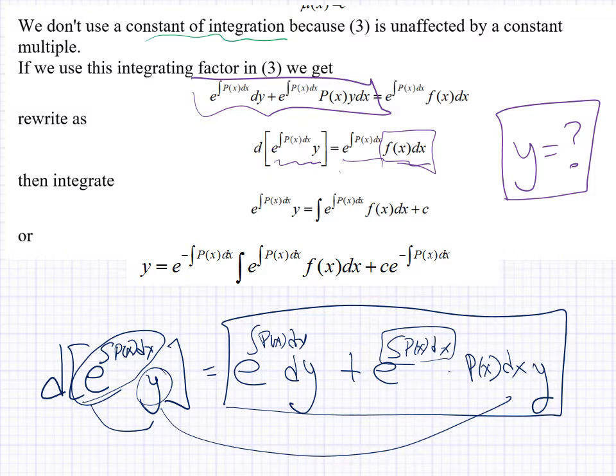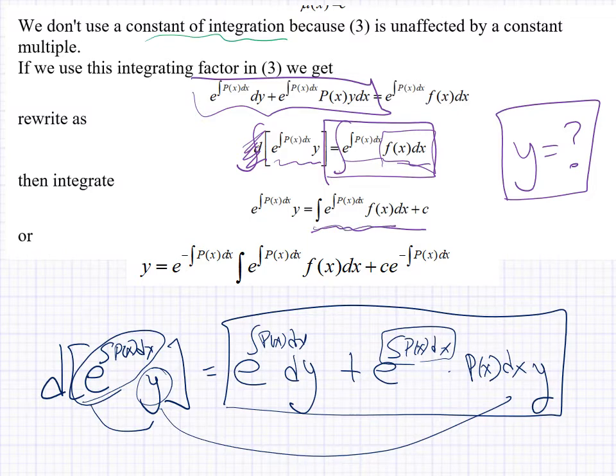Pretty simple. One, we get rid of the derivative by integrating. Well, we'd have to do that on both sides. So we integrate the derivative. They cancel each other out. So then we have the integral here of e to the integral of p of x dx times f of x dx, whatever that would be, then plus c. Here's where the c is now coming into play, because you would integrate this.